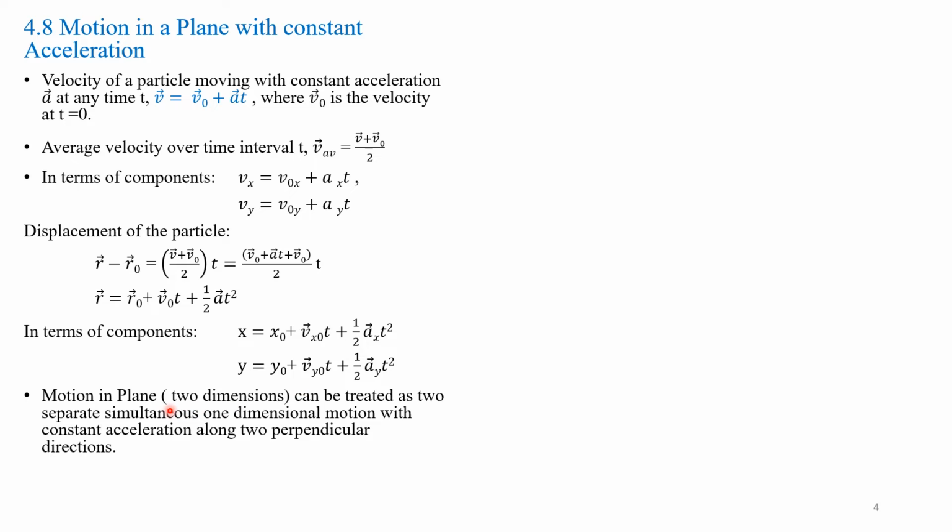Motion in a plane can be treated as two separate simultaneous one-dimensional motions. So while treating motion in a plane, we have to treat the one-dimensional motion separately with constant acceleration along two perpendicular directions. The two perpendicular directions are the x-axis and y-axis.